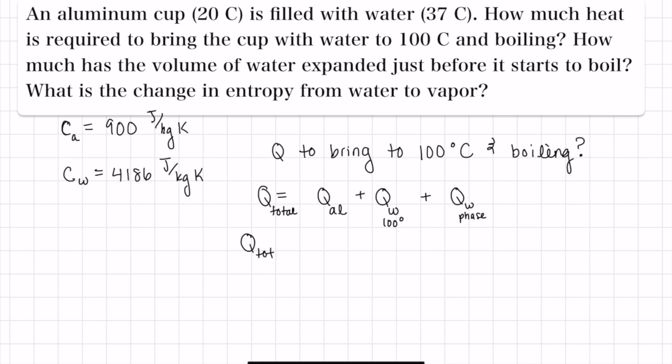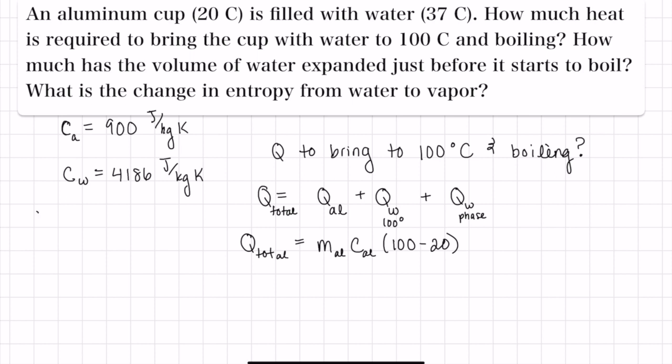So for aluminum, that will be the mass of our aluminum cup times the specific heat times its change in temperature. So for the aluminum, that will be 100 minus 20. My trick for these is usually to write out the delta T's first before just plugging them in.